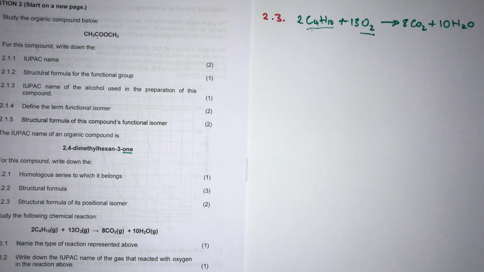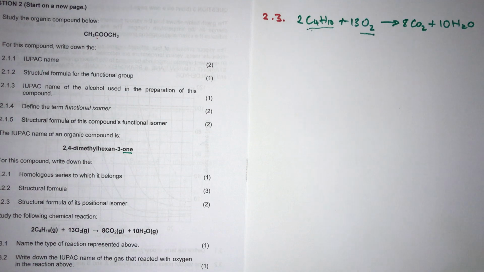So we react a compound. It can be butane, methane, or propane. We react it with oxygen as always. Sometimes they'll tell you to write down the balanced equation for butane. So you take butane, you add oxygen gas, then the product is going to be carbon dioxide plus water.